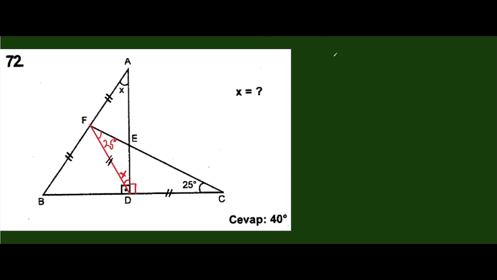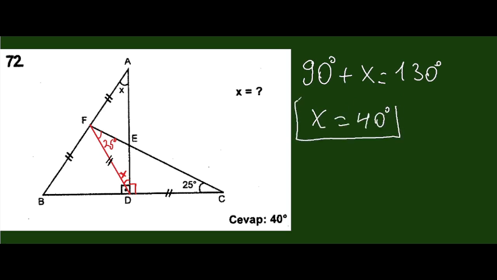So 90 degrees plus x has to be 130 degrees, because the sum of 25 and 25 will give us 50 degrees, and 180 minus 50 degrees will give us 130. So x here will be 40 degrees, which is our answer.